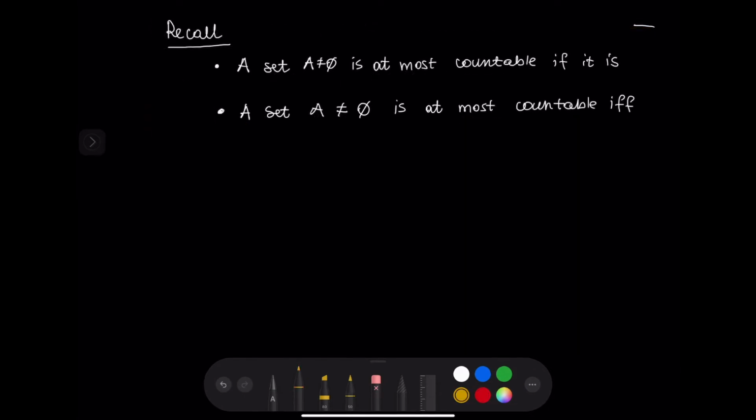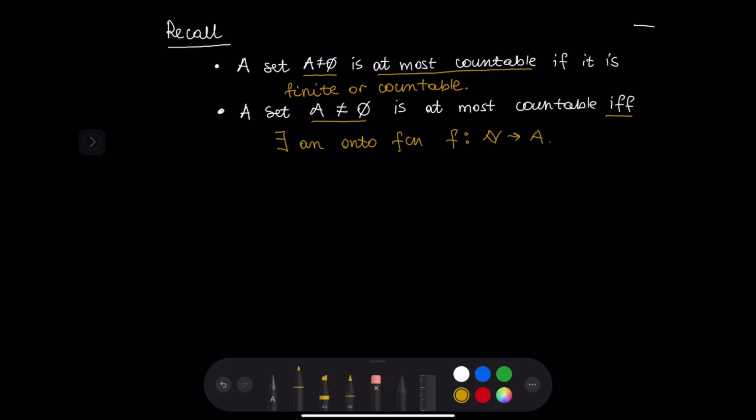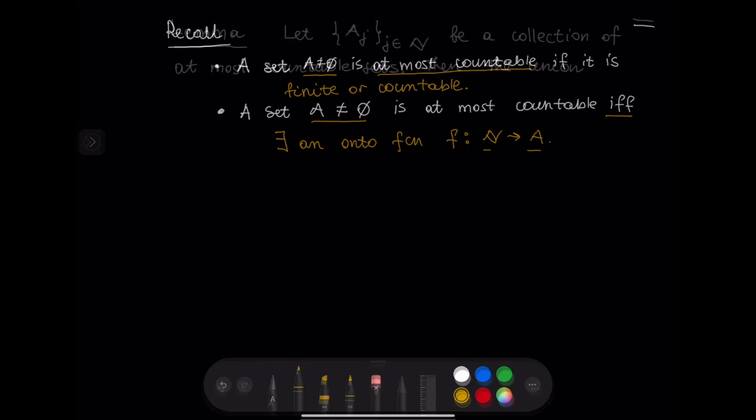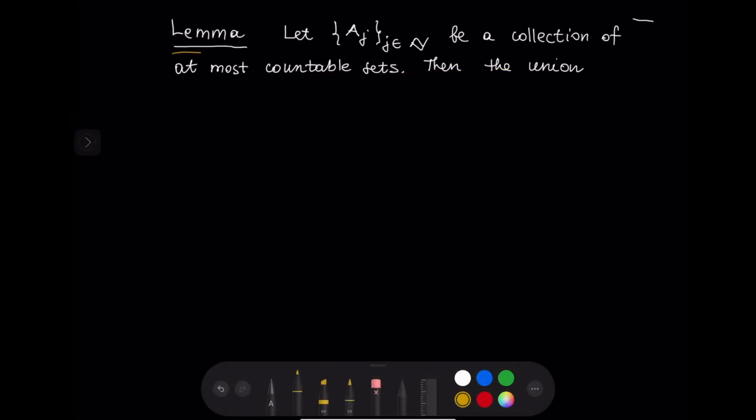Before we prove the next statement, we need to recall a few things. A non-empty set A is at most countable if it is either finite or countable. A non-empty set A is at most countable if and only if there exists an onto function f from the set of natural numbers to the set A. So let us now consider this lemma.